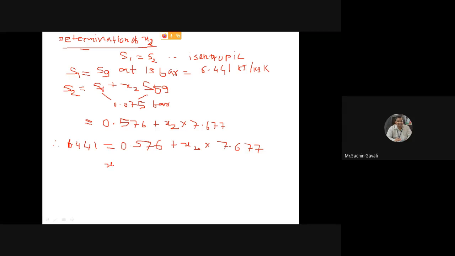Therefore, x2 is equal to 0.76. Consider two digits only; adjust the calculator for two digits. Everybody understand? Up to here, any problem for anyone?